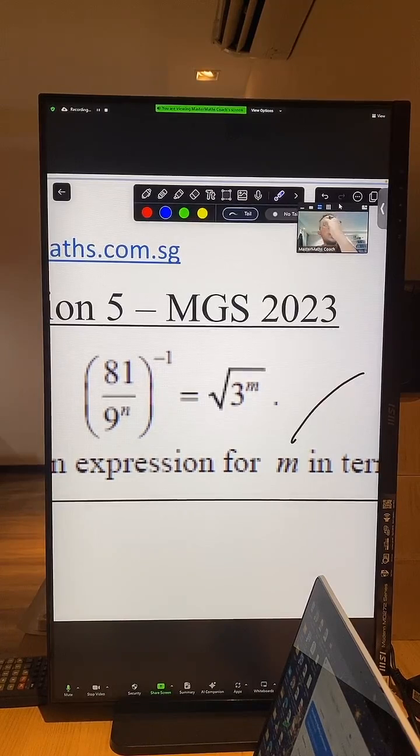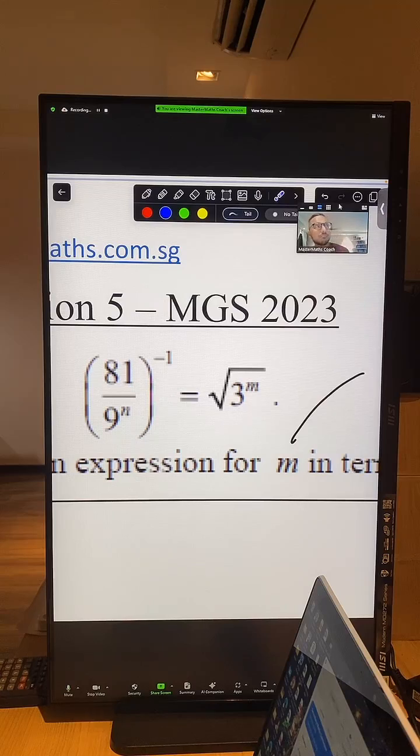And then another thing, all this must be in your head, guys. When you are dealing with indices, we always try to make the base the same. Then you see, wow, here got 81. This one got 9. This one got 3. So you would know, if you have done enough questions on indices, that the common base for these three numbers is actually 3.